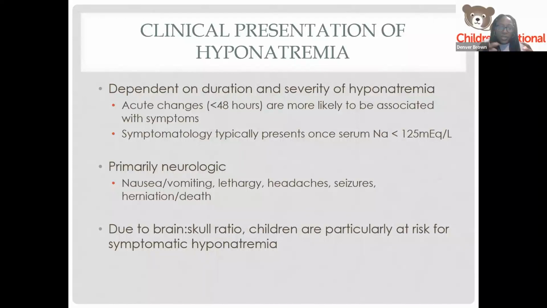So if you're hyponatremic, that water is going to flow into the cell. That cell is going to swell, and you only have so much room, brain to skull in children. And that's primarily why we see neurosymptoms and why at its worst, it could be seizures or herniation.